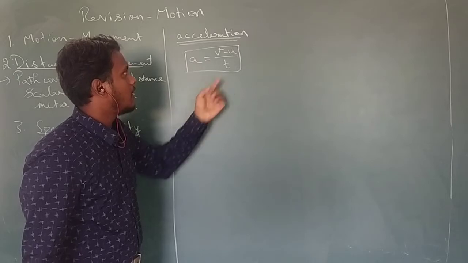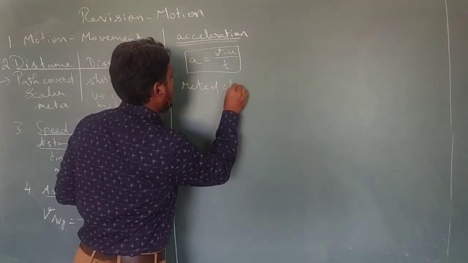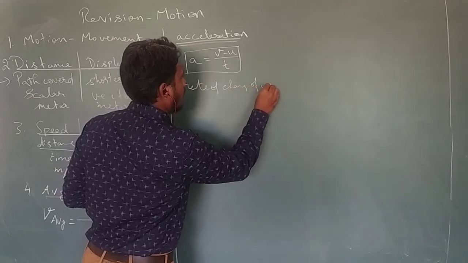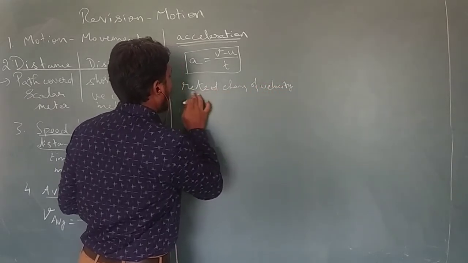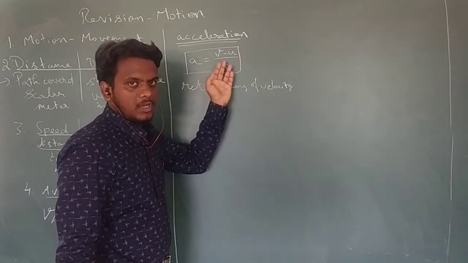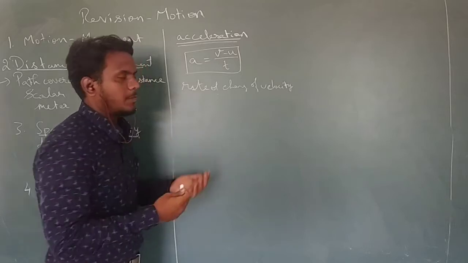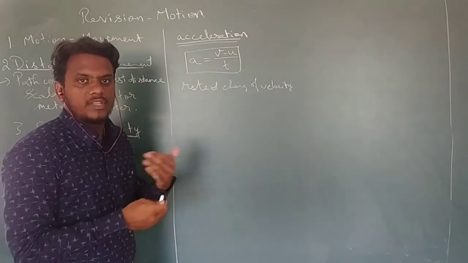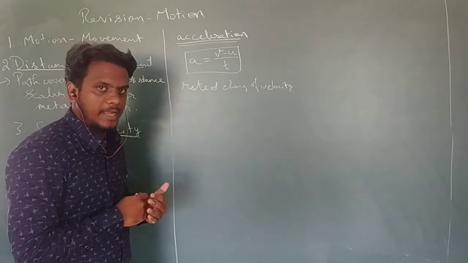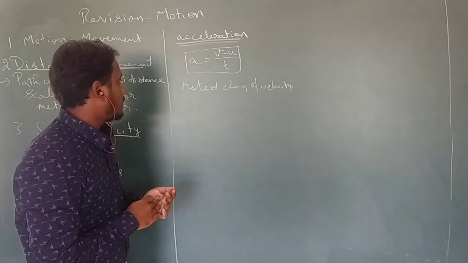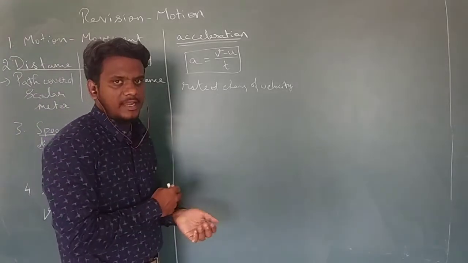So acceleration is the rate of change of velocity. What does rate of mean? Rate of, in the sense, means with respect to time. So whenever we say rate of change of momentum, that is change in momentum with respect to time. Rate of change of velocity is change in velocity with respect to time. This rate of covering the distance by time.